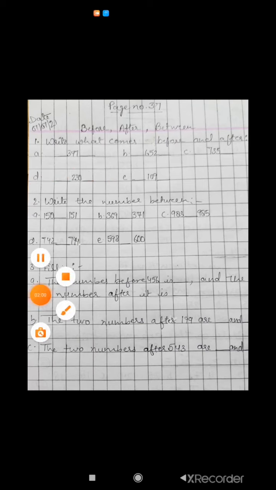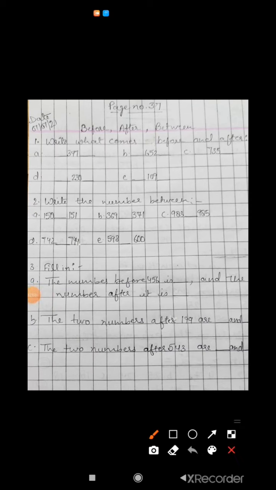Now E part, before 109 write here 108, and after 109 write here 110. I hope you understood these, and the rest of the part you have to write yourself in your book and copy both. Okay.